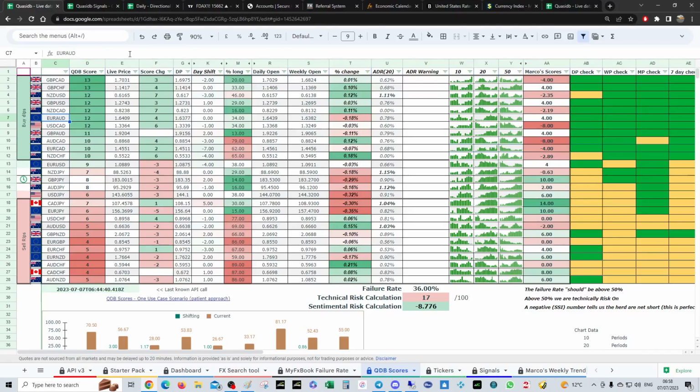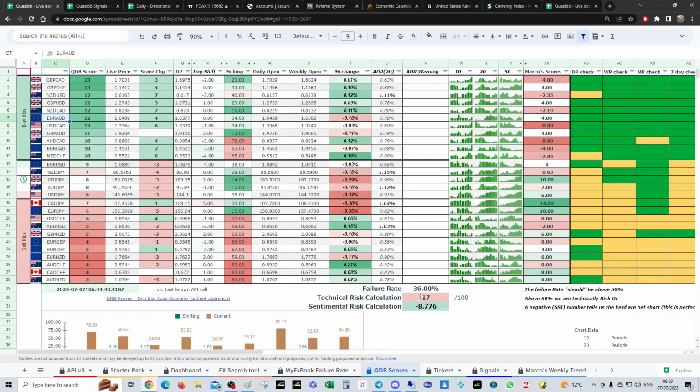So it's not necessarily just the technicals and the sentiment, but the fundamental too. That's obviously a very key thing to know. Also, for example, the pound Kiwi is a sensitive one. The Kiwi is riskier than the pound, and that's how it works. So that's just a little tip there.